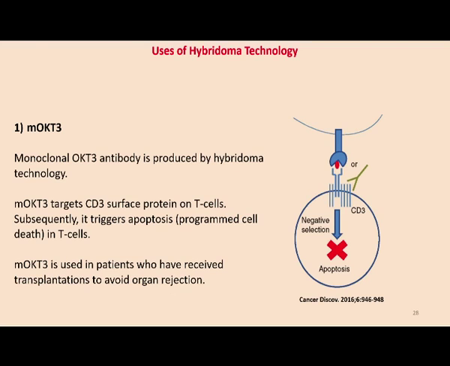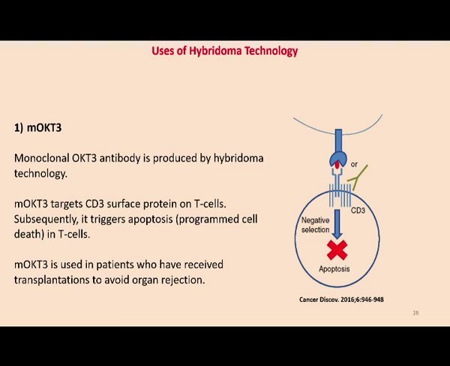So, these T cells have a protein called CD3 on the cell surface, as depicted here on the right. So, in this cartoonic depiction, you can see CD3, and the OKT3 monoclonal antibody attaches to the CD3, and this causes the T cells to finally go into something called apoptosis or programmed cell death.